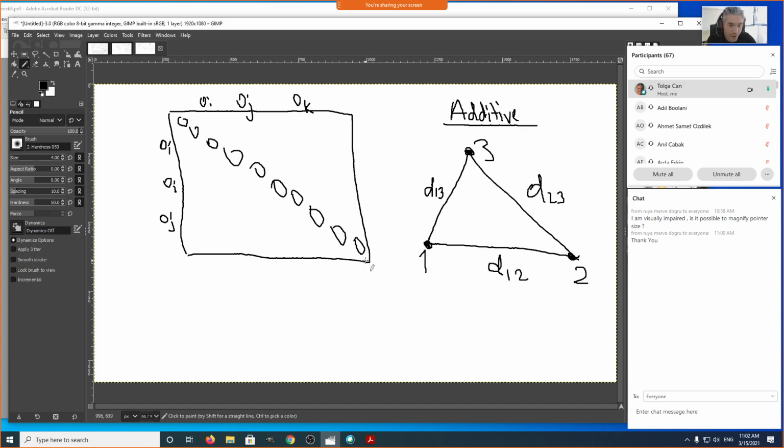This one always holds: if I add d1,3 and d2,3, it's always greater than d1,2. So this inequality should hold for all the edges of this triangle. Additive matrices are like this.